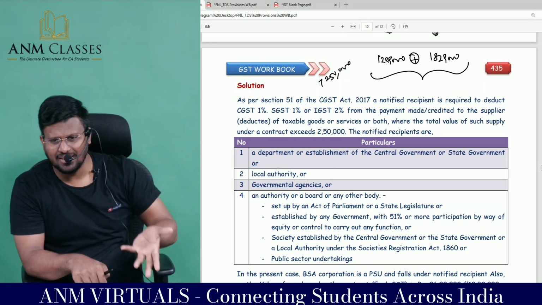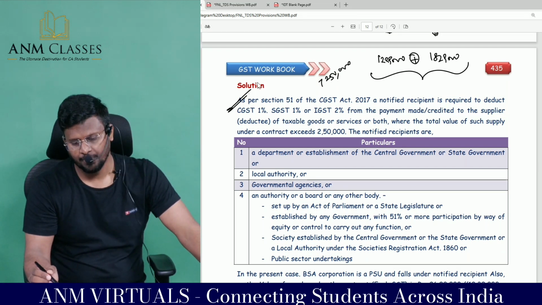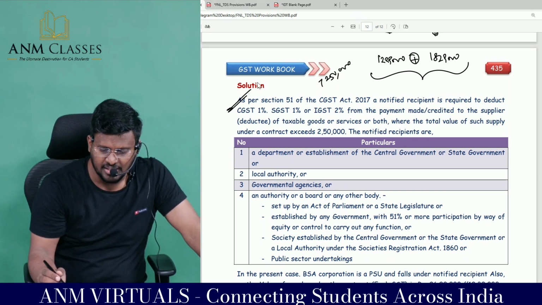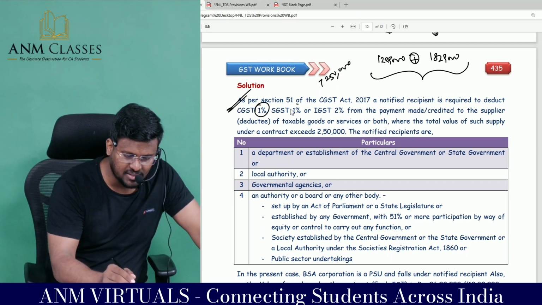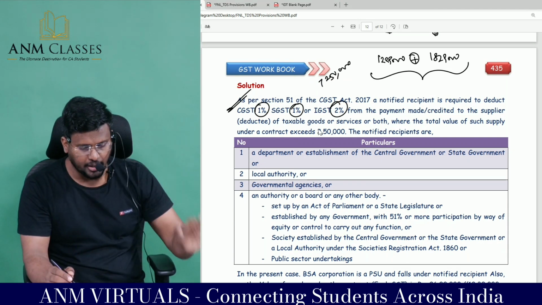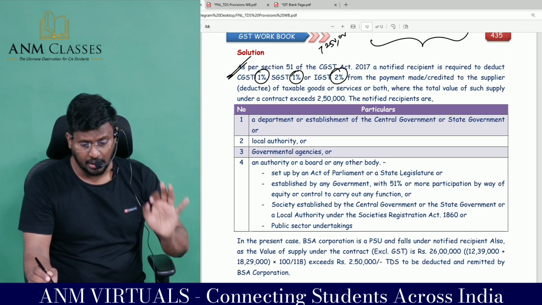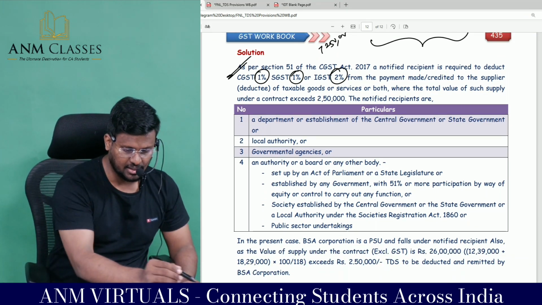In our case it's an interstate supply. As per section 51 of the CGST Act, a notified recipient is required to deduct CGST at 1%, SGST at 1% or IGST at 2% from the payment made or credited to the supplier of the taxable goods or services or both, where the total value of such supply under a contract exceeds how much.